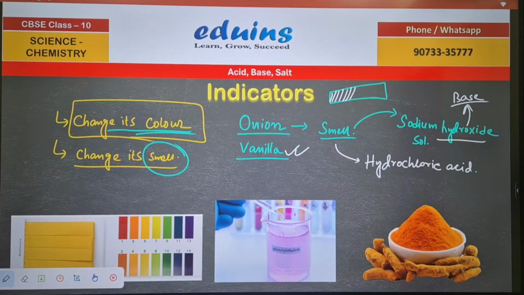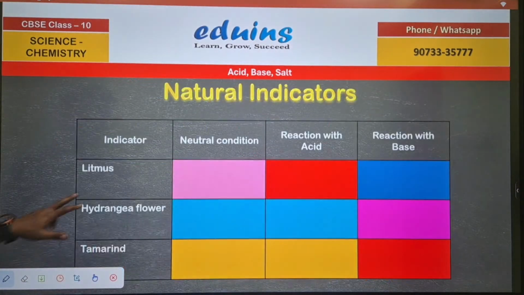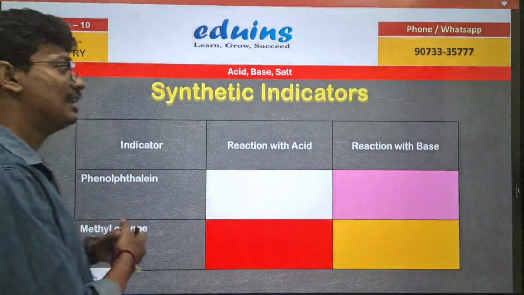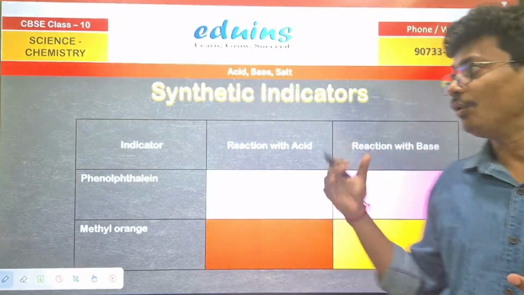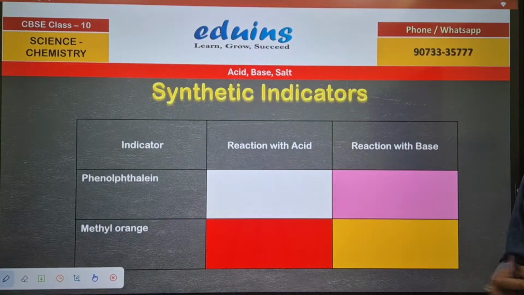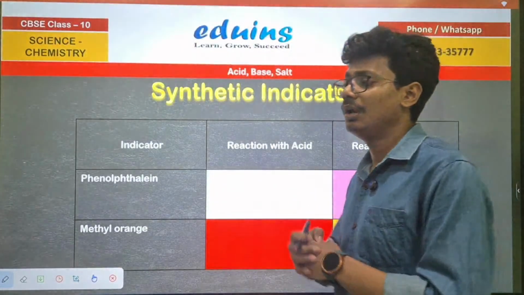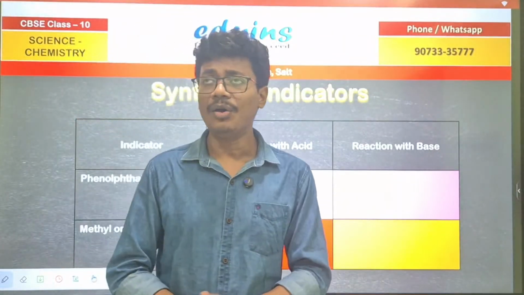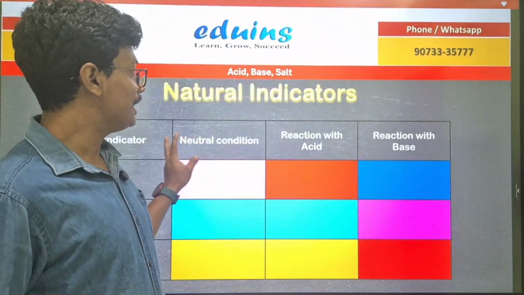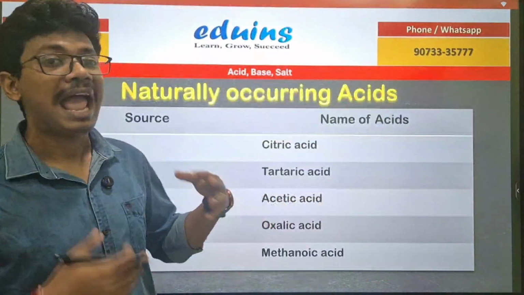I hope this is clear to all of you. Now we have learned about the indicator, how the indicator functions, and how we use indicators in identification of acid and base.